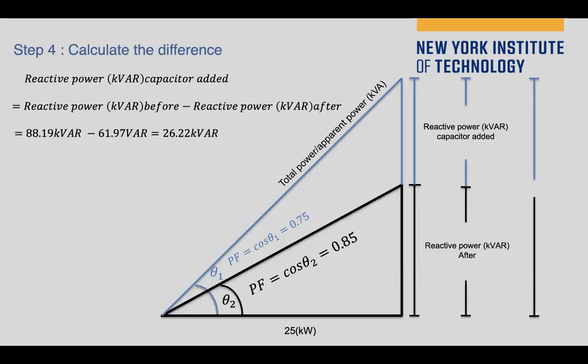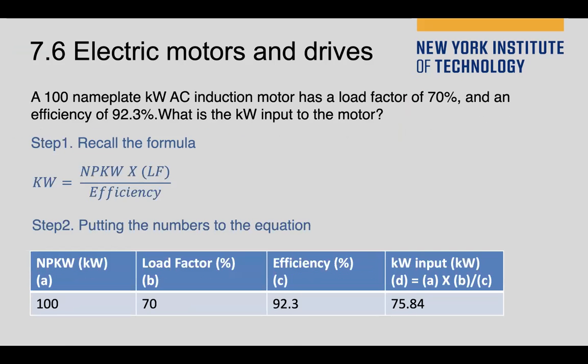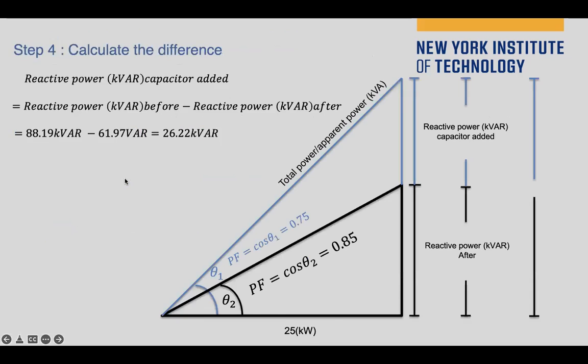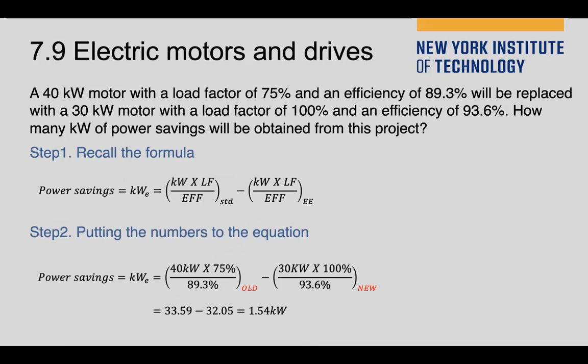If you still remember, we touched on one question regarding the load factor and the efficiency. So we make use of the same concept of load factor and efficiency. We divide it into two cases, before and after.